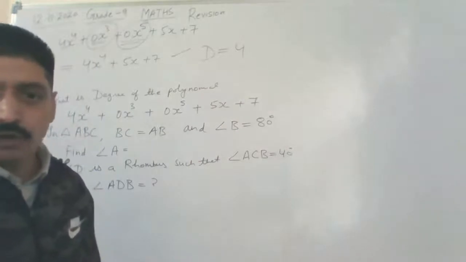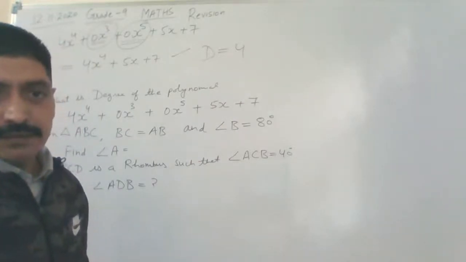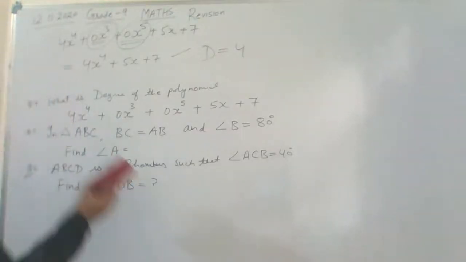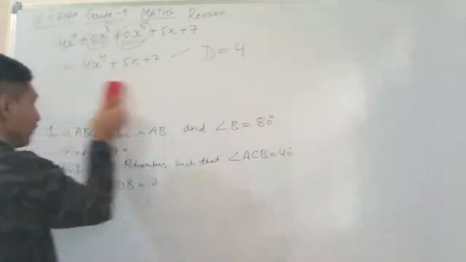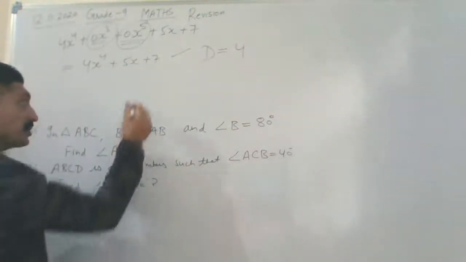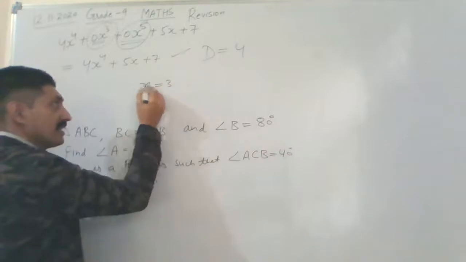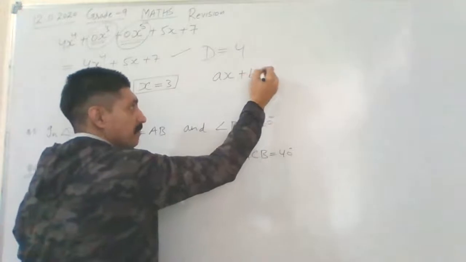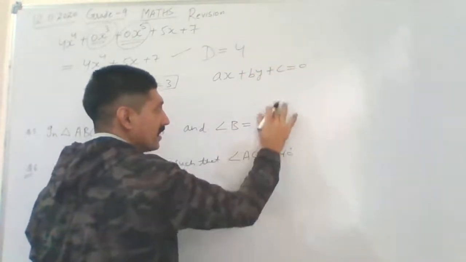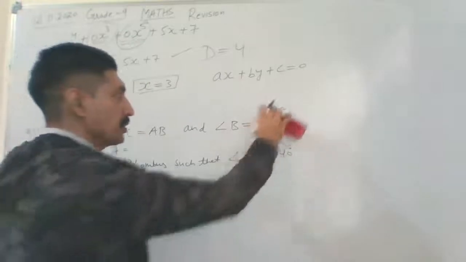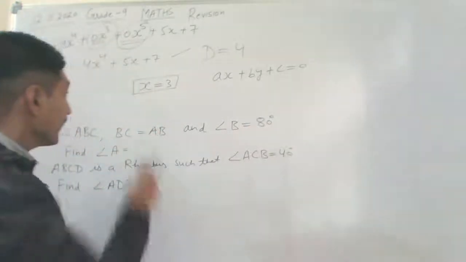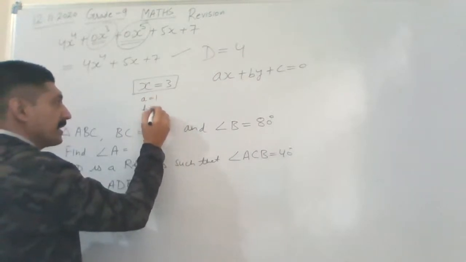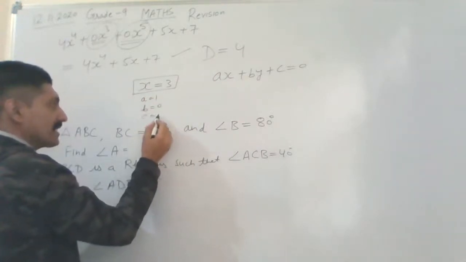So you all are then wrong, right? When the coefficient of, like we have studied in linear equations in two variables, suppose I have an equation. If ax plus by plus c is equal to 0 is the standard form of a linear equation, then here a is 1, b is 0, and c is minus 3.